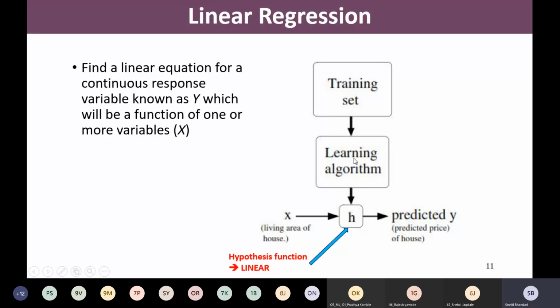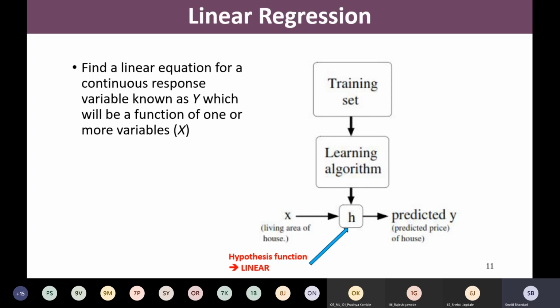The learning algorithm learns from this training set and comes up with the hypothesis, right? If this hypothesis happens to be a linear equation or a linear function for a continuous response variable y, based upon one or more input variables x, then we say that it is linear regression.